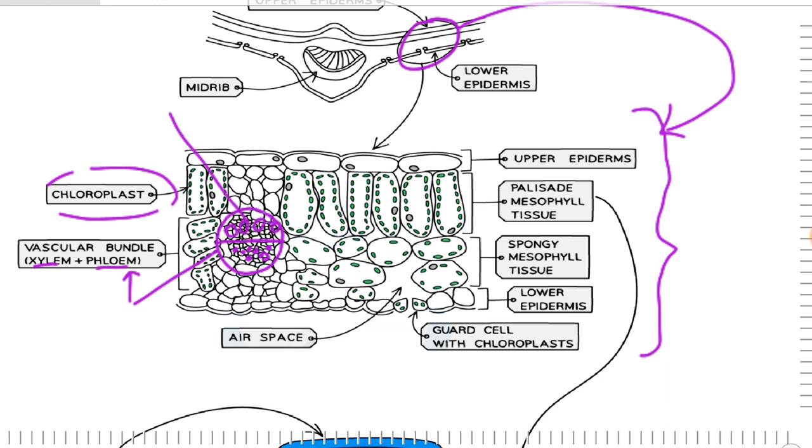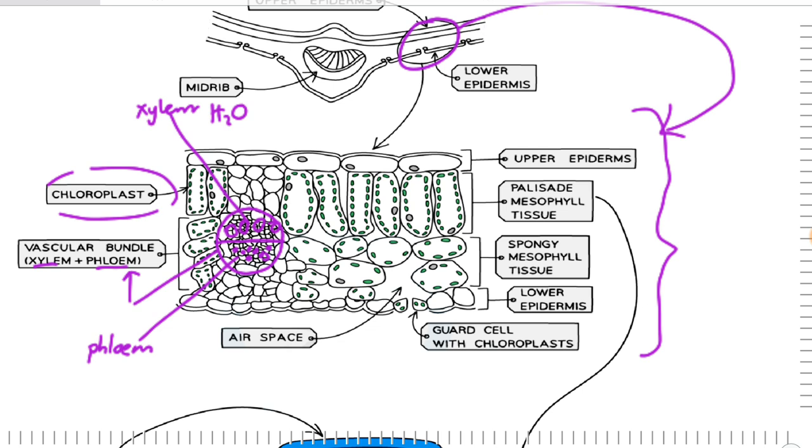So these ones that are bigger on top, we call them the xylem, and these ones that are at the bottom, which are more like smaller spread ones, we call them what? The phloems. And here the xylem is responsible for delivering H2O.